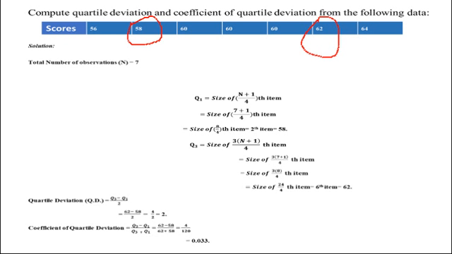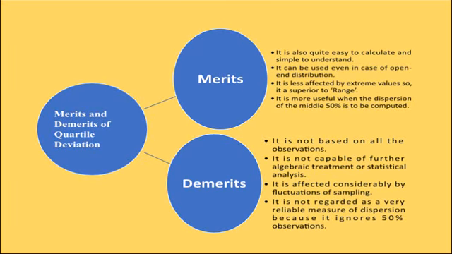Inserting these values in our formula, 62 minus 58 divided by 62 plus 58, which is equal to 4 divided by 120, that is equal to 0.033.